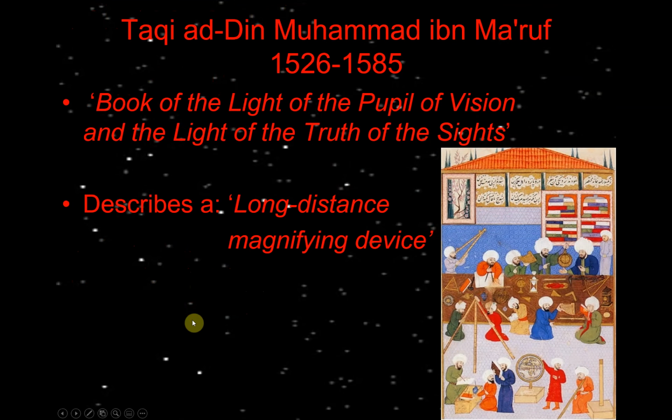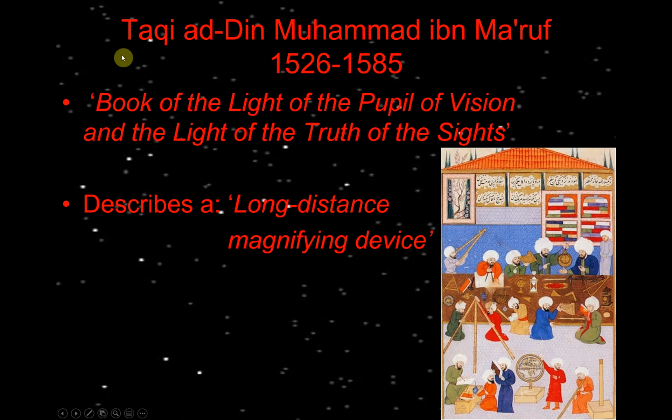In other works, Ad-Din Muhammad ibn Maruf, 1526 to 1585, published a book, the Book of the Light of the Pupil Vision and the Light of the Truth of the Sights, a very concise title, which described a long-distance magnifying device.